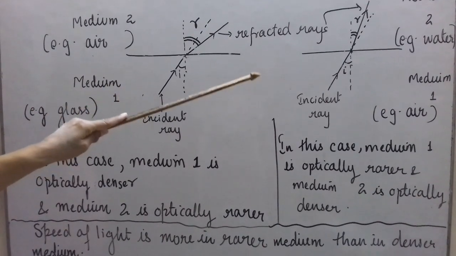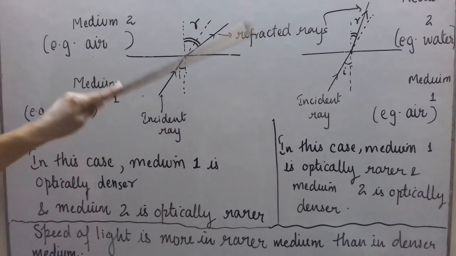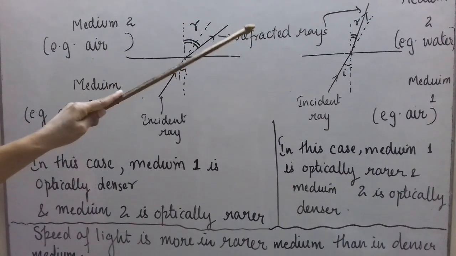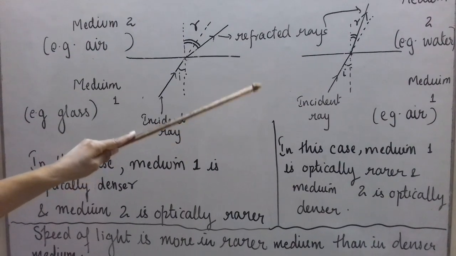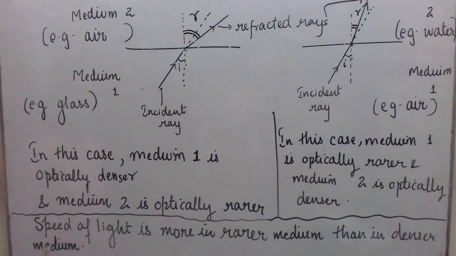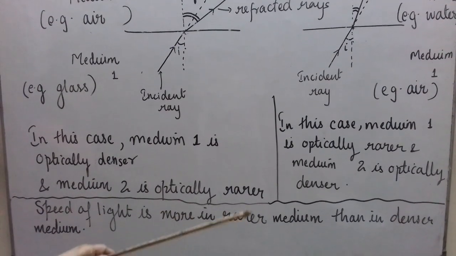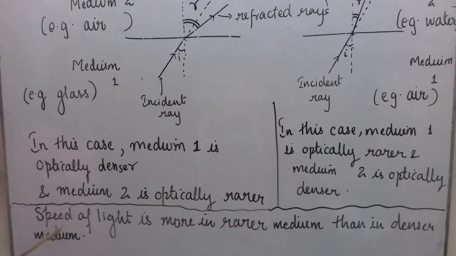And when light entering from one medium into another bends towards the normal, then the second medium is the optically denser medium and the first medium is the optically rarer medium. So remember, the speed of light is more in a rarer medium than in a denser medium.